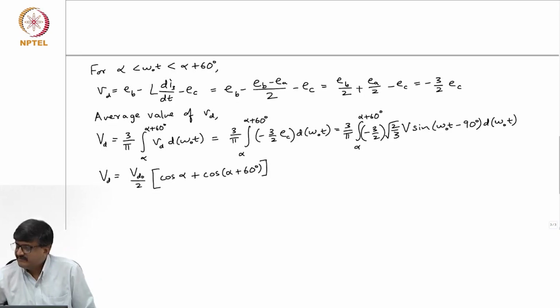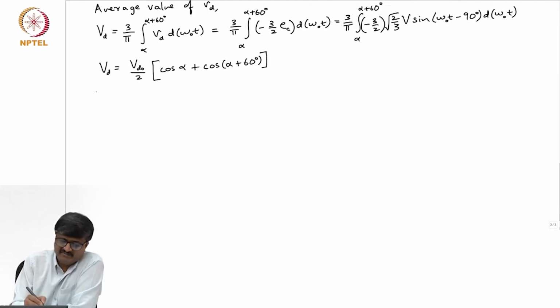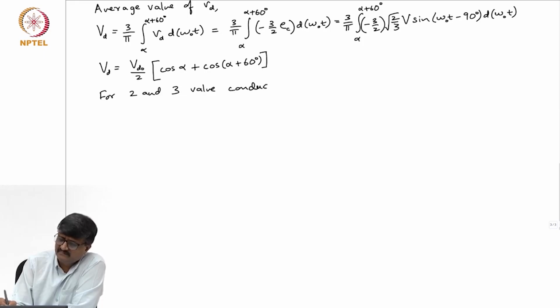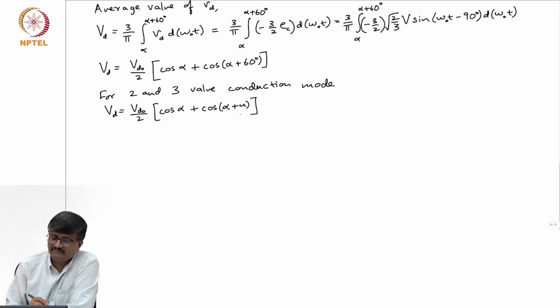So let us look at what was the expression for 2 and 3 valve conduction mode and 3 and 4 valve conduction. So for 2 and 3 valve conduction mode, the equation relating Vd, Vdo, alpha and u is Vd equal to Vdo by 2 cos alpha plus cos alpha plus u. So this equation is valid for u greater than 0 and less than 60 degrees.